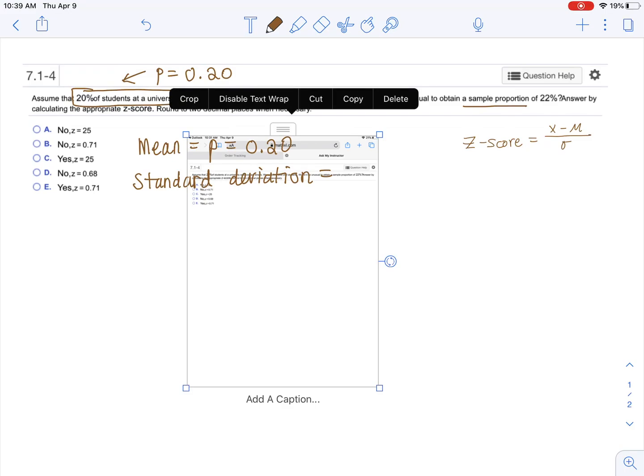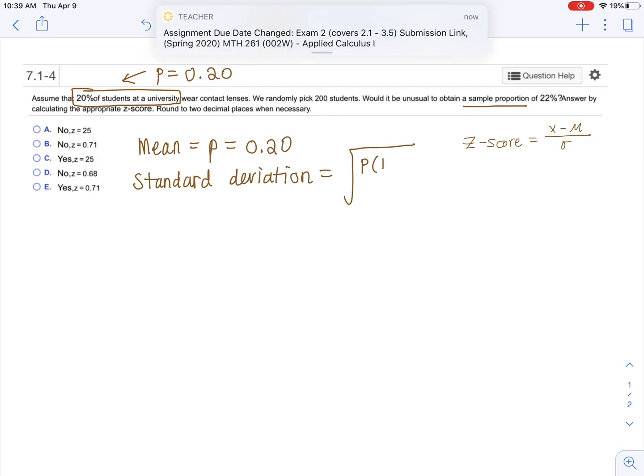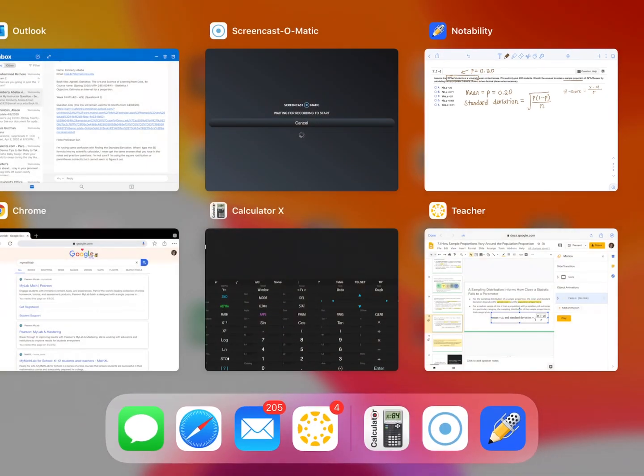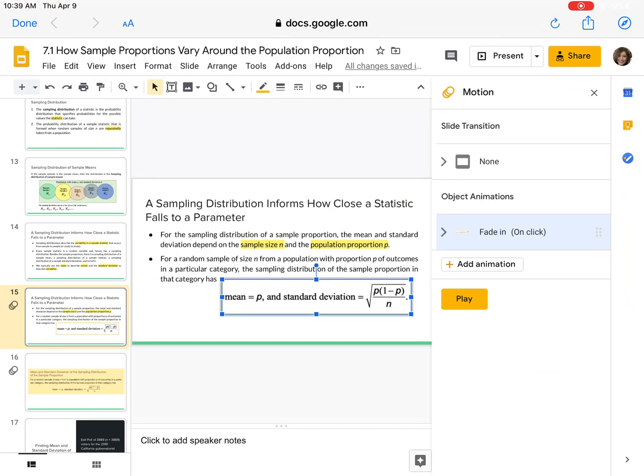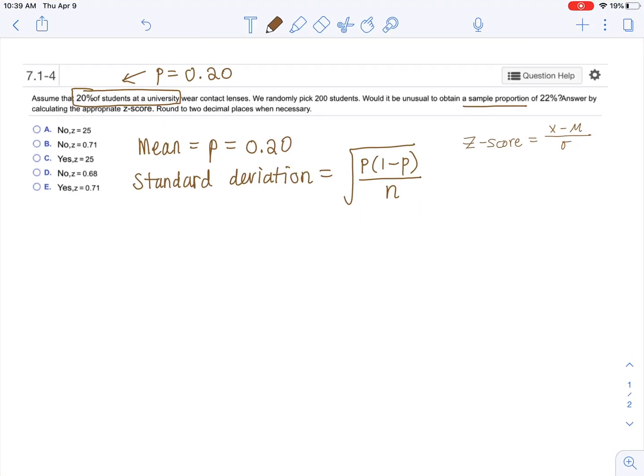No, that's not it. Anyways, but we know the formula. The formula is the square root of P times 1 minus P divided by N, right? I almost forgot. Yes. That's it.